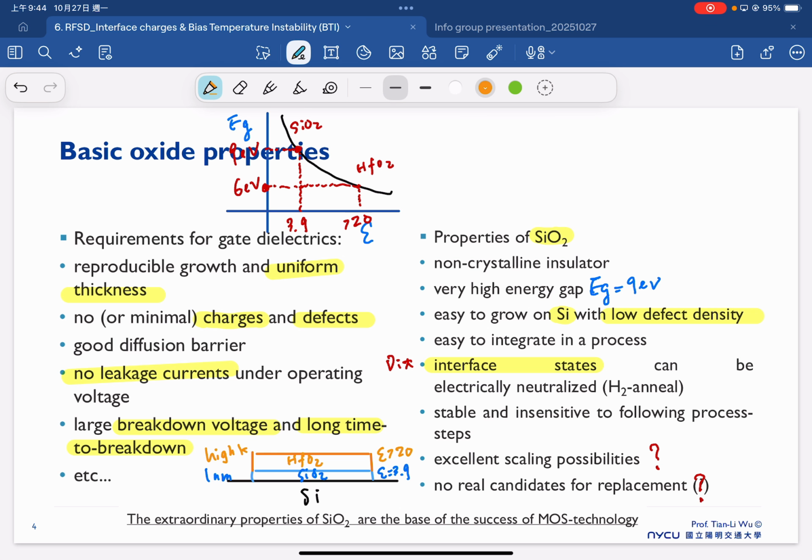So in this case, this is a typical gate stack that we call a bilayer.